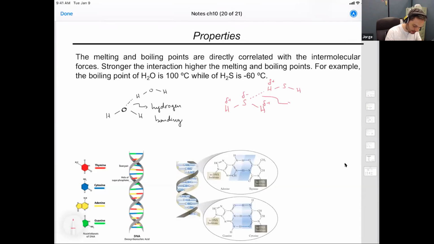In this case, the interaction is a dipole-dipole interaction. This interaction is weaker than hydrogen bonding, therefore it's easier to break the interaction and move the compound, for example, from the liquid to the gas state. And that is the reason why water has a higher boiling point than hydrogen sulfide.